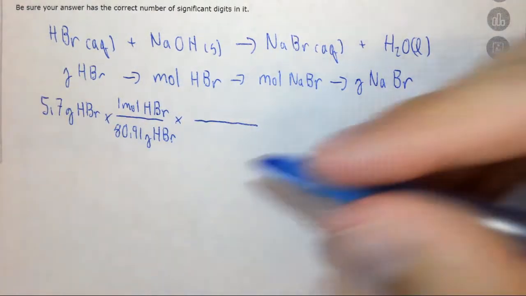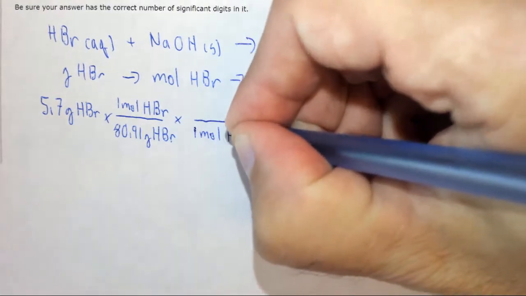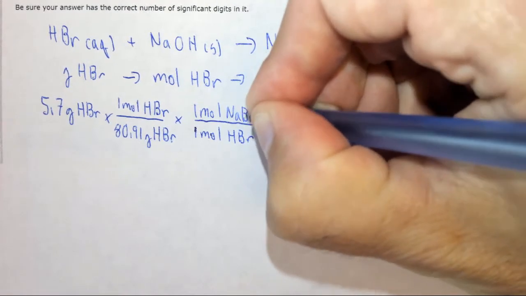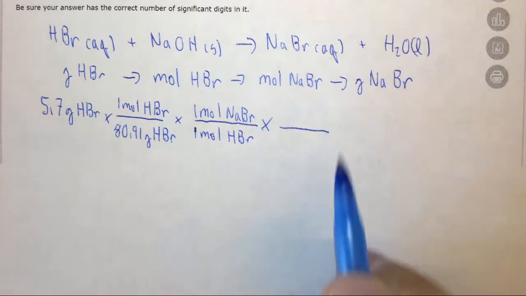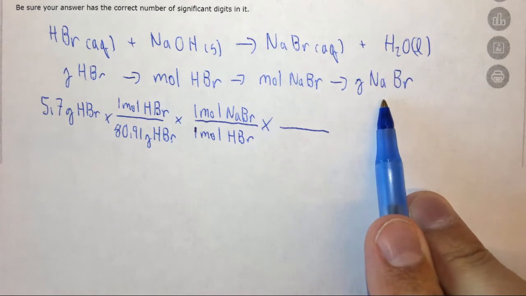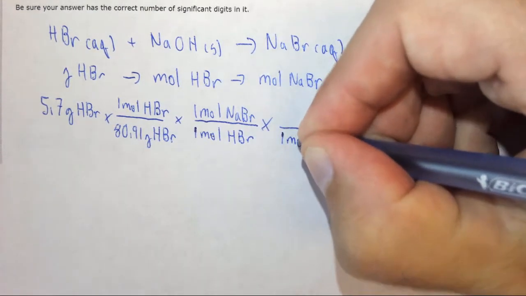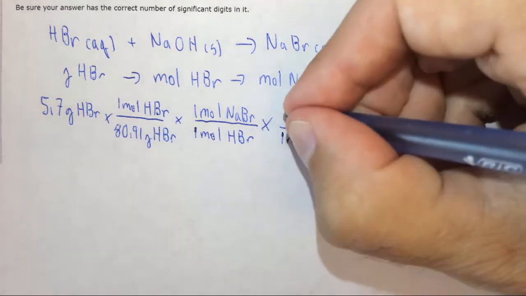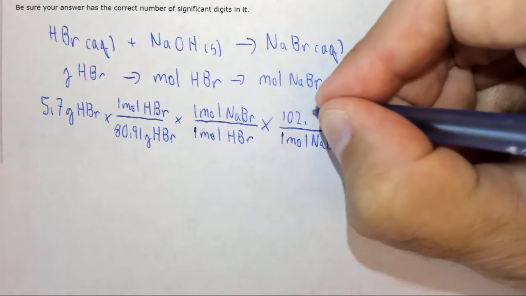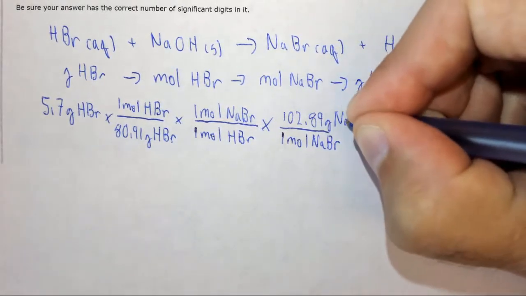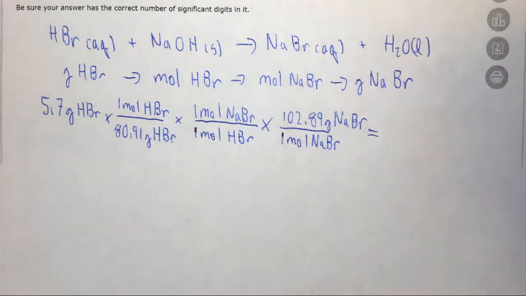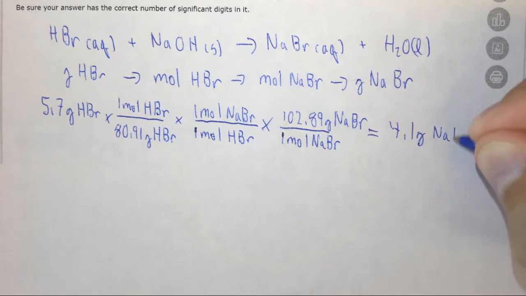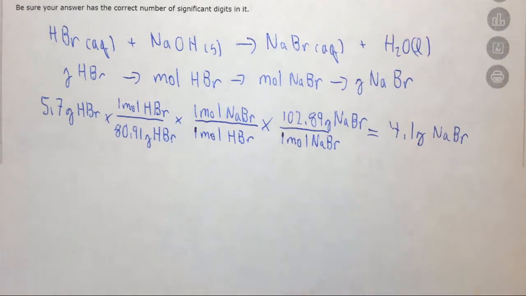Well, they're 1 to 1, so 1 mole of HBr on the bottom, 1 mole of NaBr on top, times, now we need to go from moles of NaBr to grams of NaBr using the molar mass, so 1 mole of NaBr on the bottom, and the mass of 1 mole of NaBr is 102.89 grams for NaBr. And when we do all that math, we get 4.1 grams of NaBr based on the correct number of significant figures.